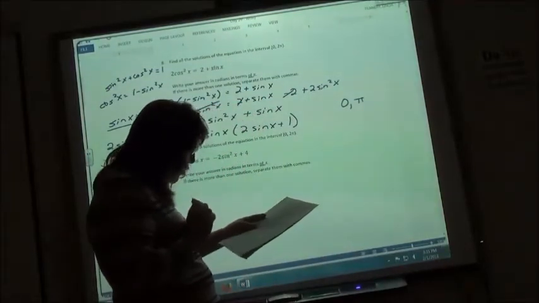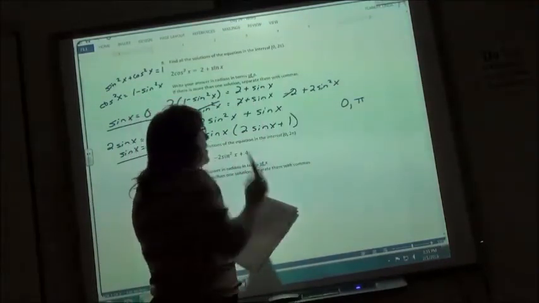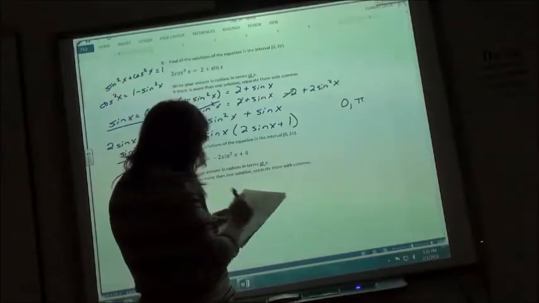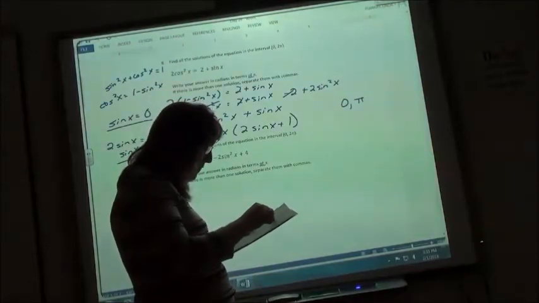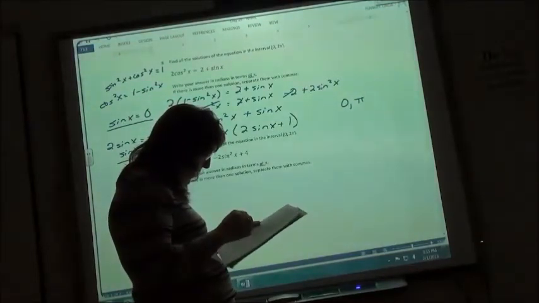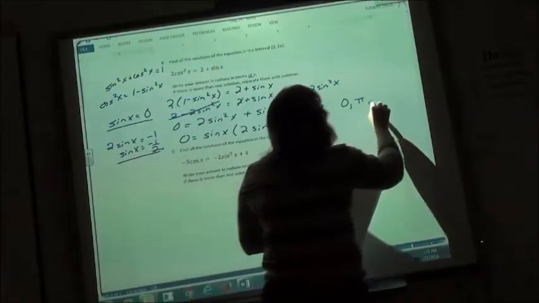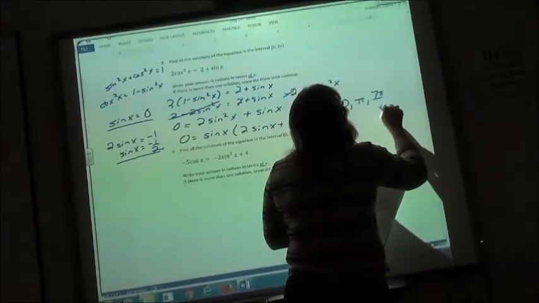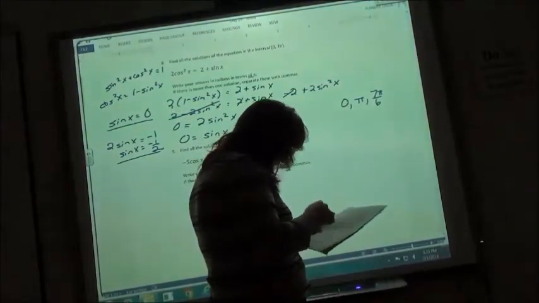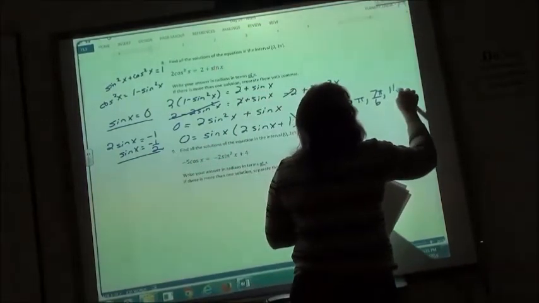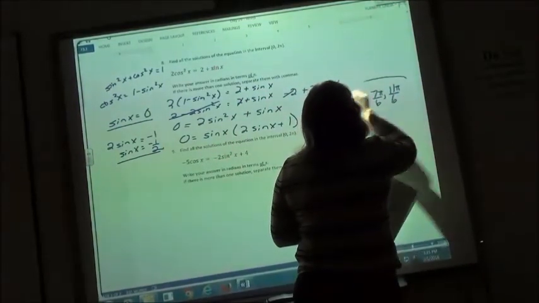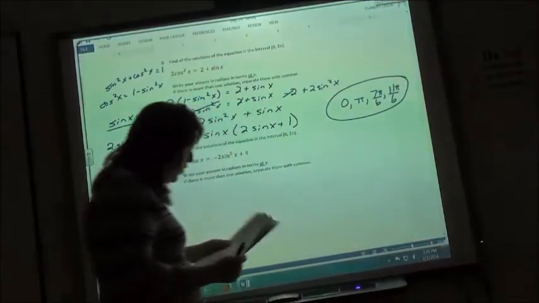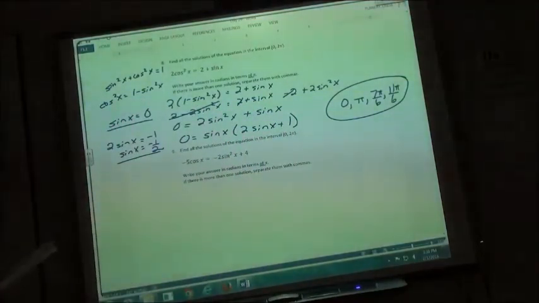Again, it's also at 2 pi, but we're not including 2 pi in our answer. So sine of x equals negative 1/2 at 7 pi over 6, and negative 1/2 at 11 pi over 6. So all 4 of those are going to go in for our answer: 0, pi, 7 pi over 6, and 11 pi over 6.